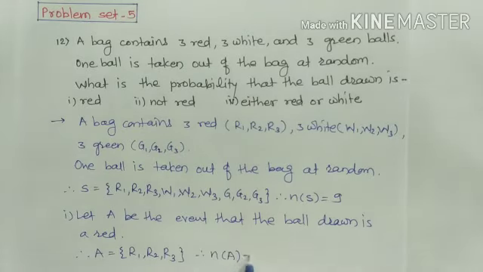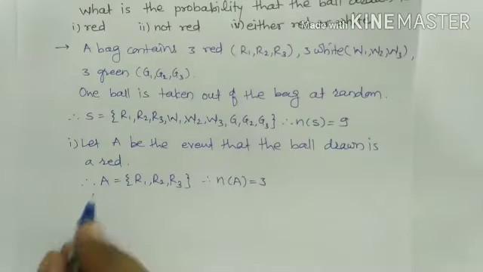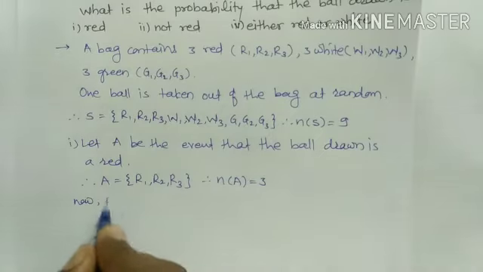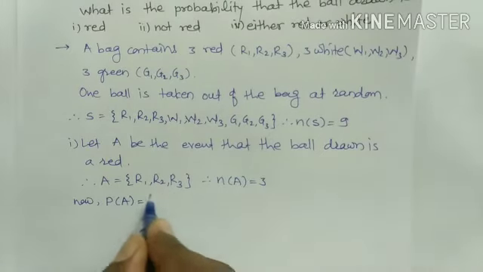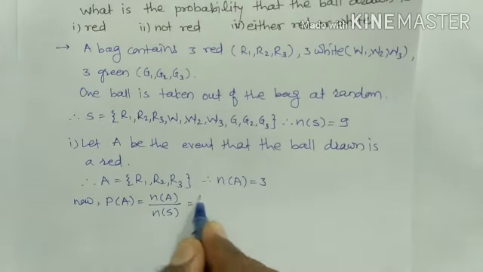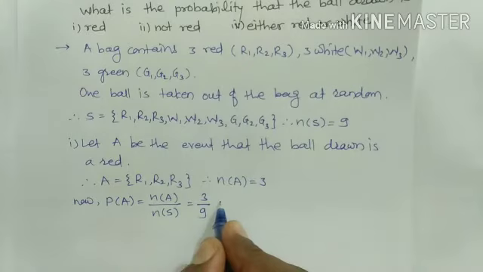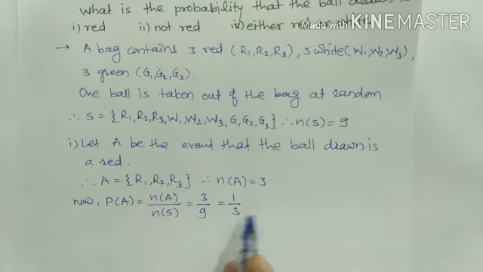Therefore number of A equals 3. Probability of A equals number of A upon number of S, that is 3 upon 9, that is equal to 1 upon 3. This is the probability that the ball drawn is a red.